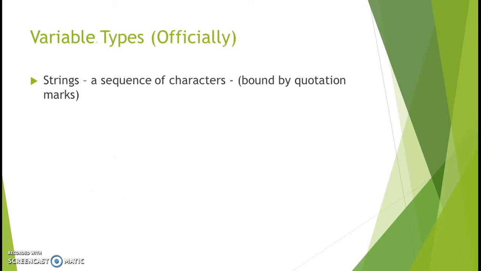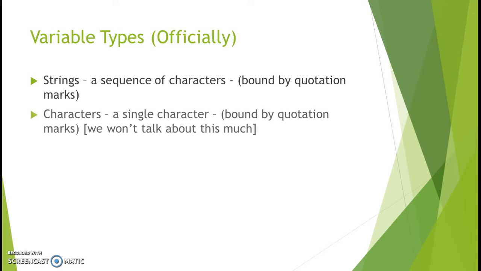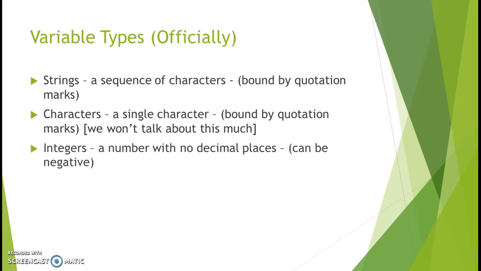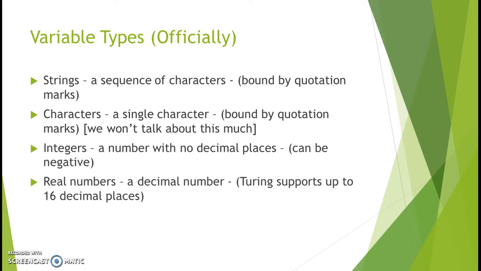Officially, in Turing, we have strings that are a sequence of characters, and they're bound by quotation marks. We have single characters, again bounded by quotation marks, and we won't talk about these that much. We have integers, which just means a number that doesn't have any decimal places.